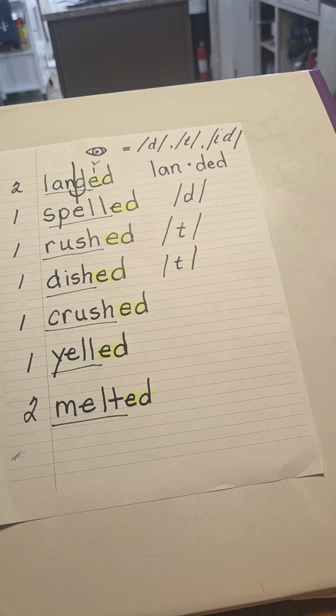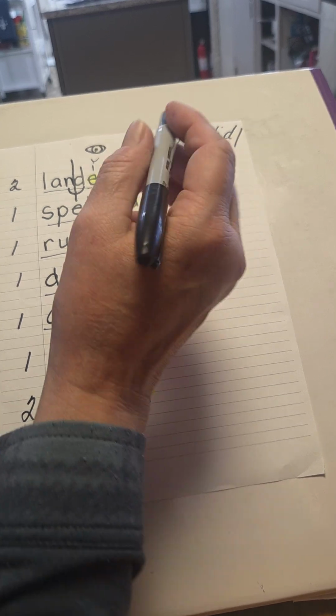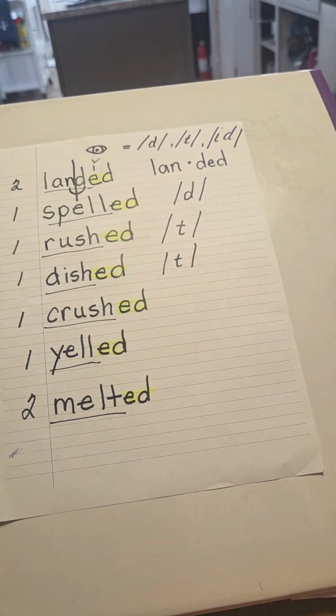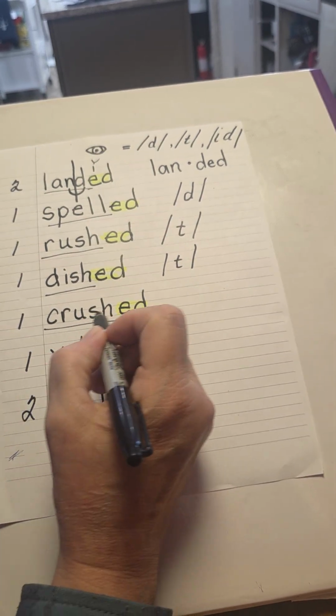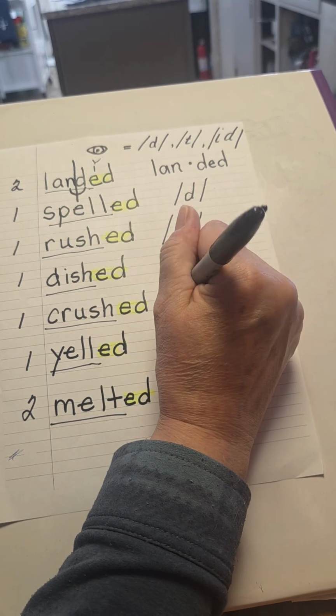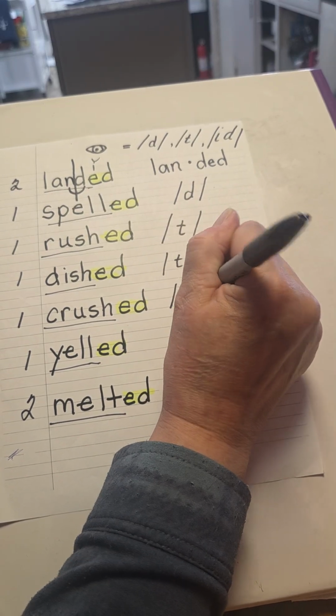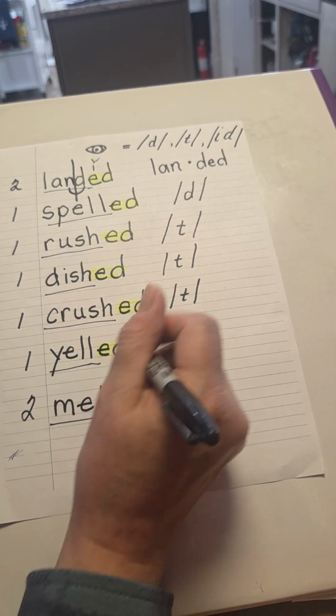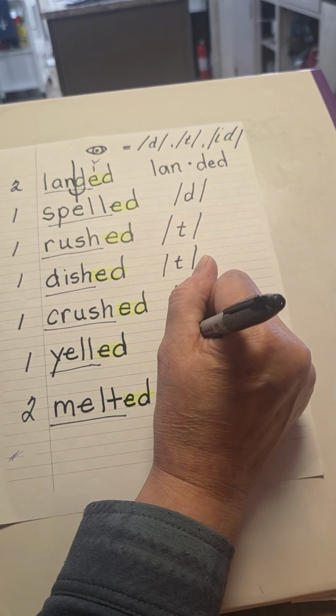Crushed. So I'm not breaking these. See, this one had a break because there is no break. Crushed. Ooh, I hear it. I had to say it twice. T, crushed. Yelled. We're back to a D sound.